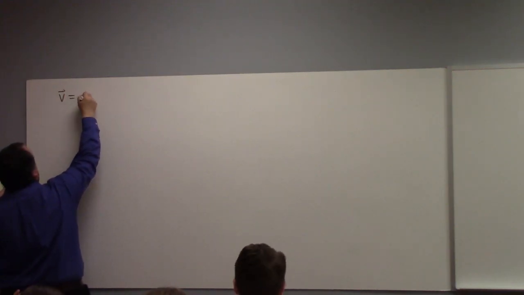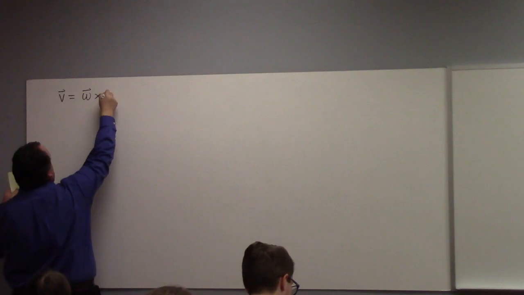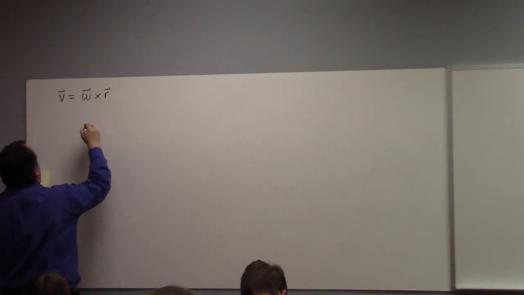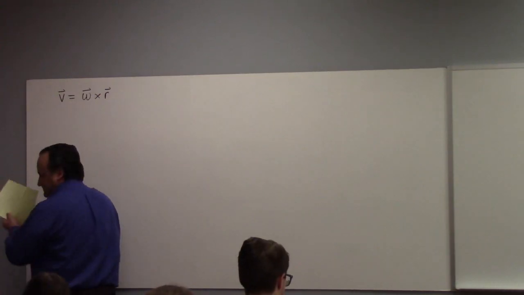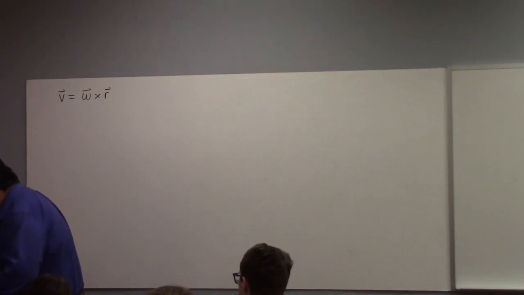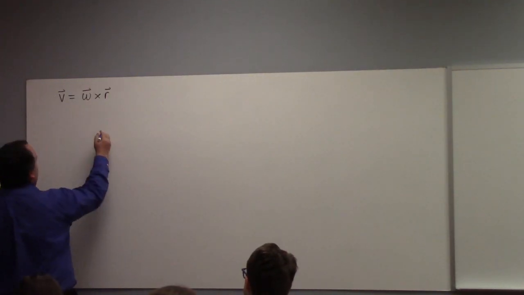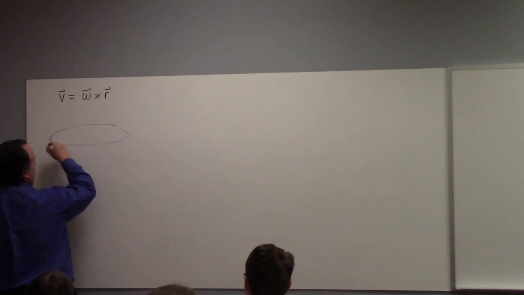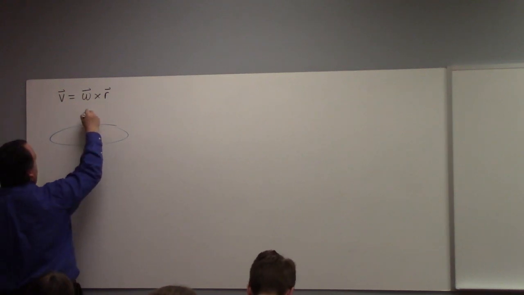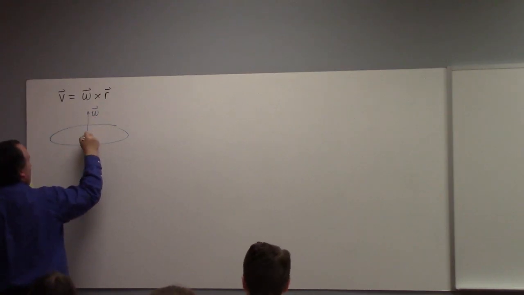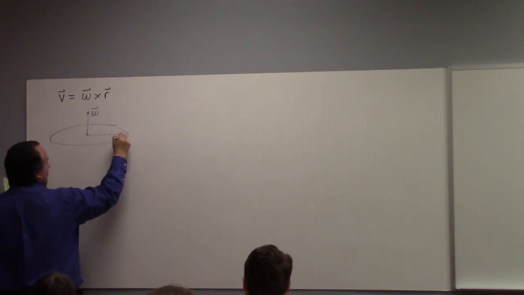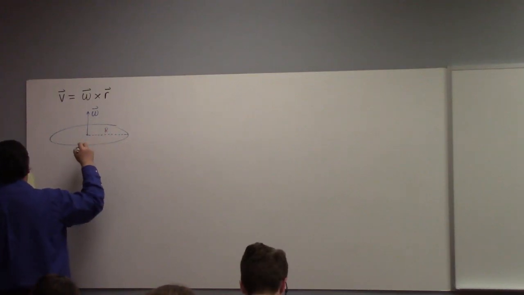So the velocity is the angular velocity crossed with R, and the picture for that would be something like a circle, and omega is like this, all right? This has radius r, let's say.